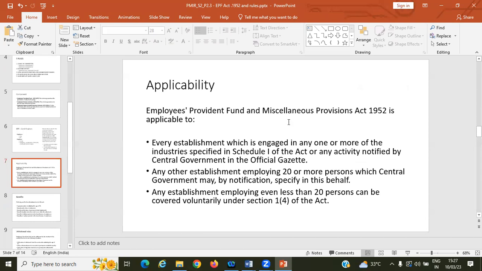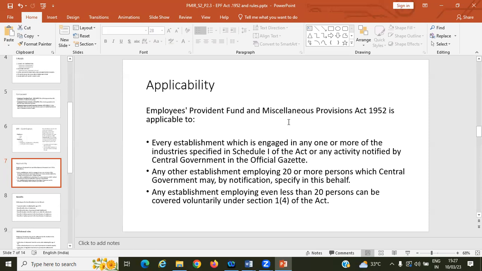Where this act is applicable. Applicability is something important. Earlier it was not for some states like Jammu and Kashmir, but later it was extended to all the states, the whole of India.